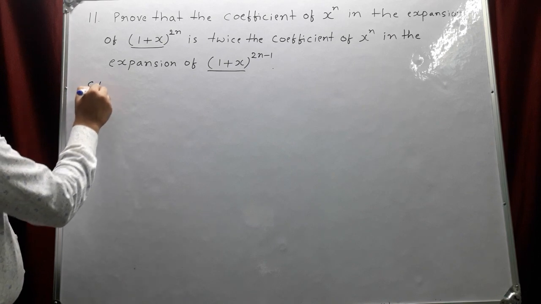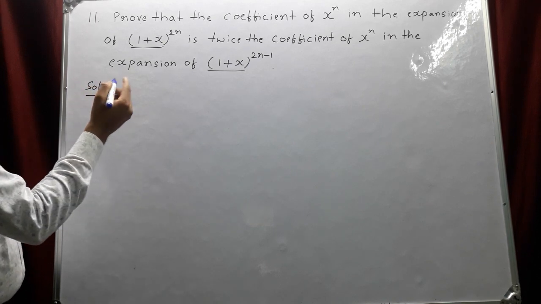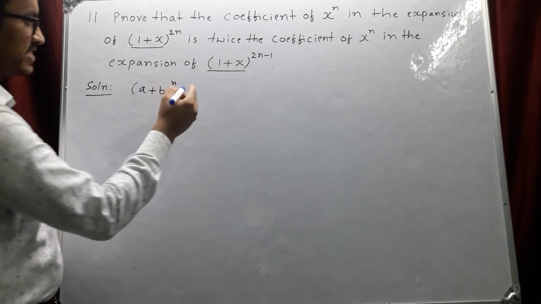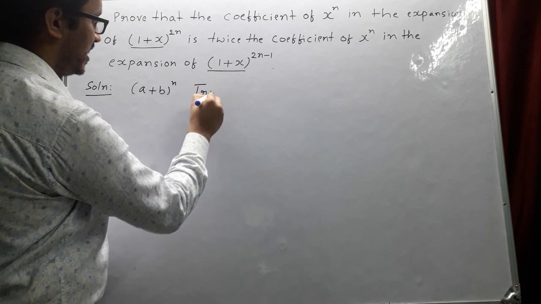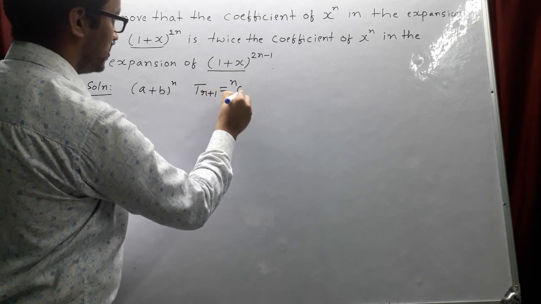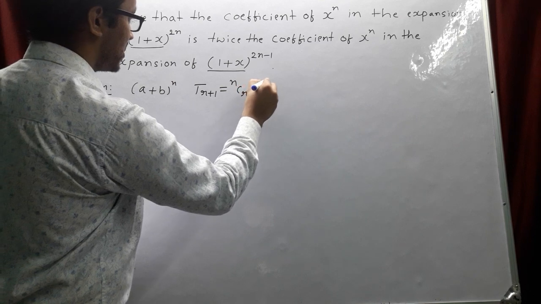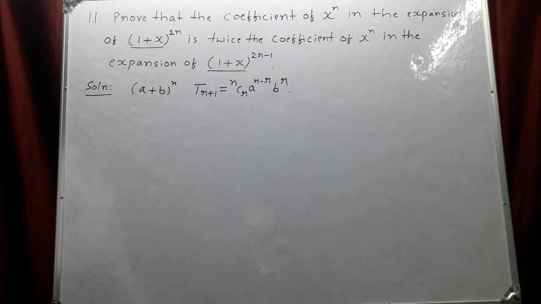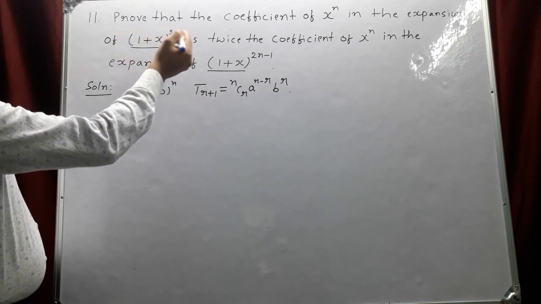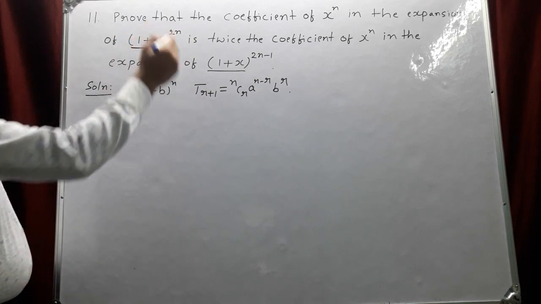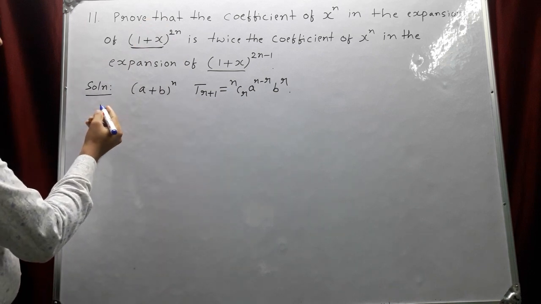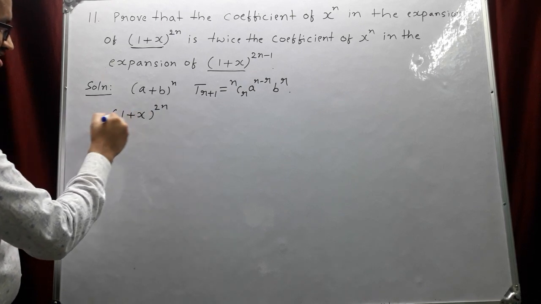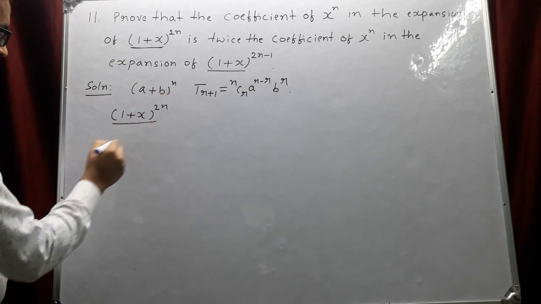Solution. So we know that the general term in the expansion (a+b)^n is given by T(r+1) = nCr a^(n-r) b^r. So if you find the general term in the expansion (1+x)^2n, consider the expansion (1+x)^2n. So what is the general term?